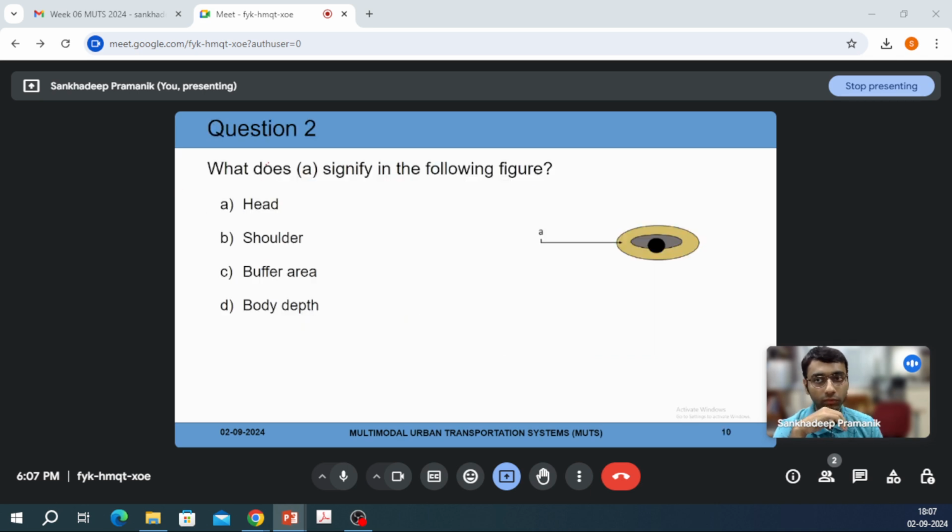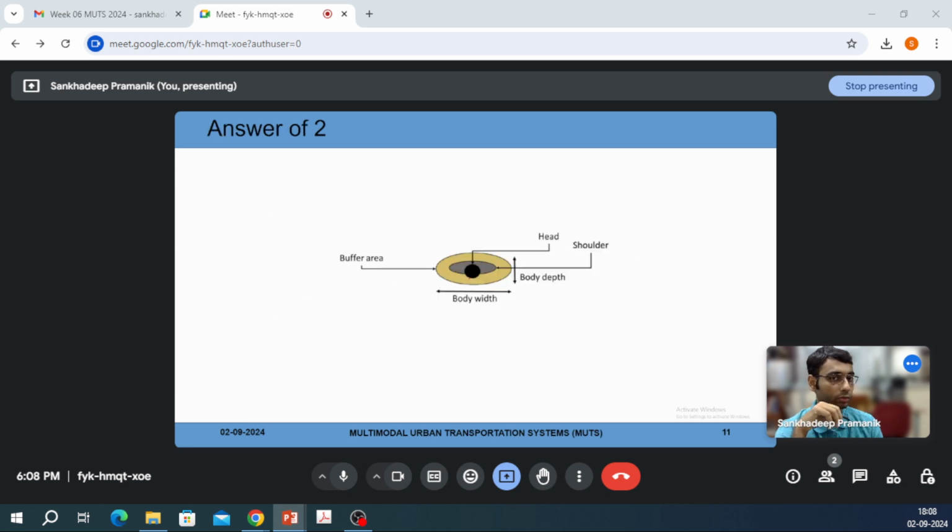Next is: what does this A signify in the following figure? Head, shoulder, buffer area, or body depth. It is based on the pedestrian.